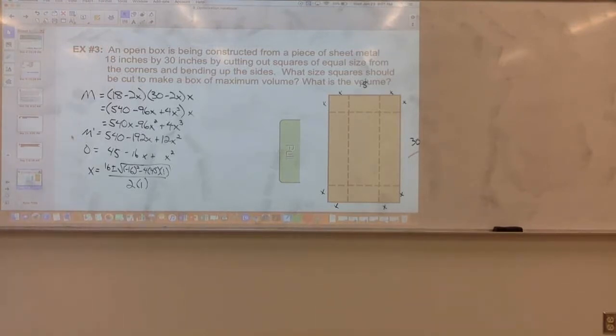I'm failing so hard. So negative 16 plus or minus the square root of 16. Wait, it's the opposite, so it'd be 16. I don't think this works out very nicely.